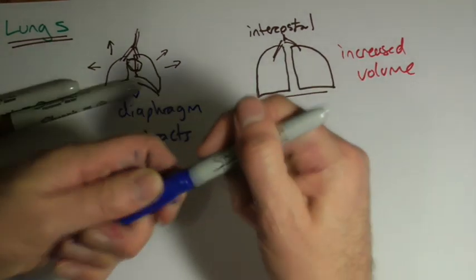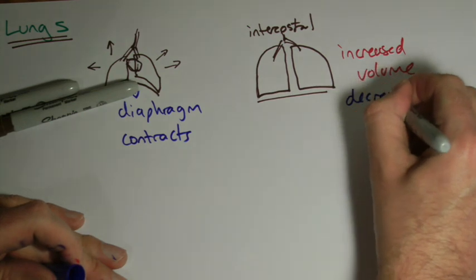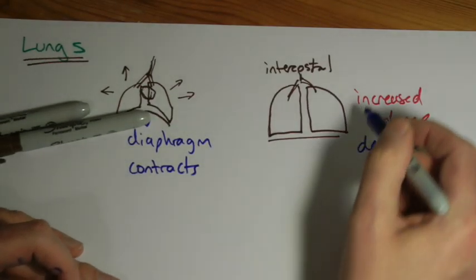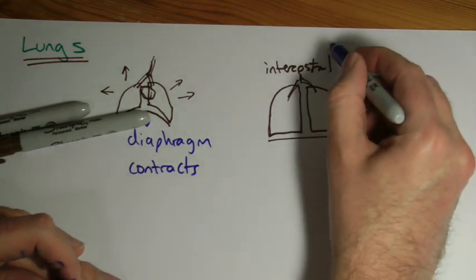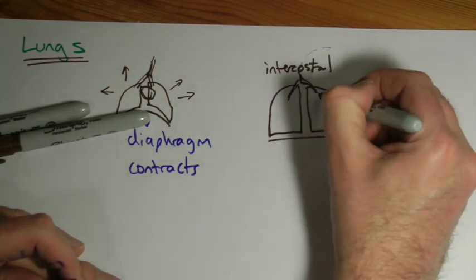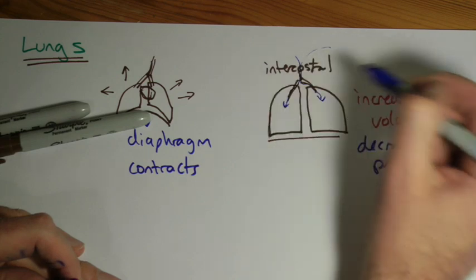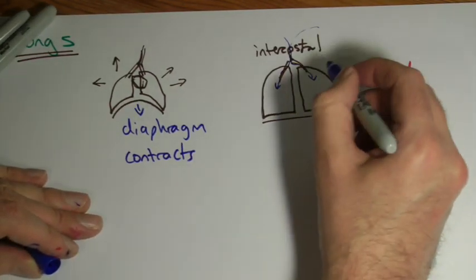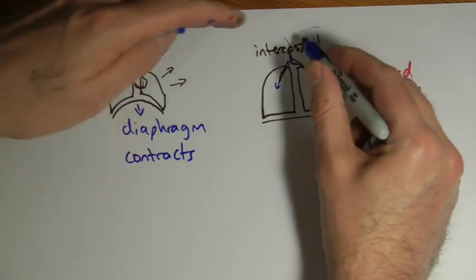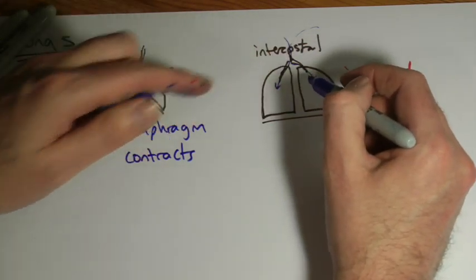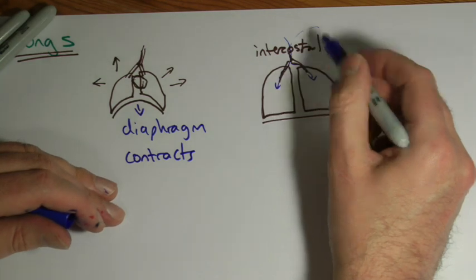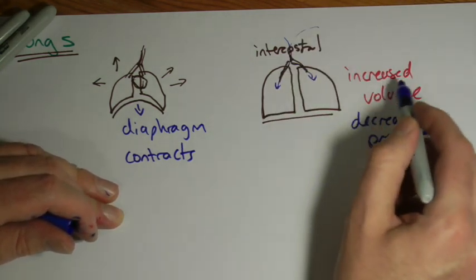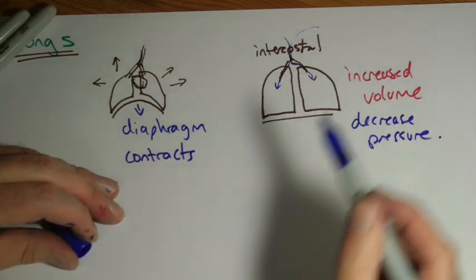And what happens is the air on the outside comes rushing in to try and equalise that pressure, to match the pressure up. So when the diaphragm contracts and moves down, and the ribs move upwards and outwards, air is, I suppose you'd call it, pulled in. It's actually getting forced in from the higher air pressure on the outside. So an increased volume, decreased pressure, and air comes in.